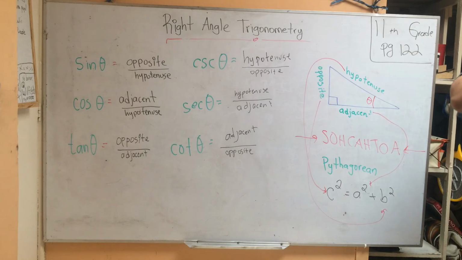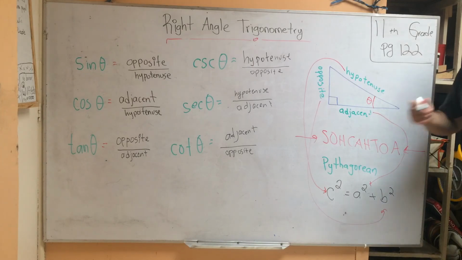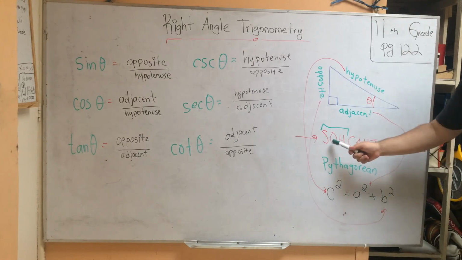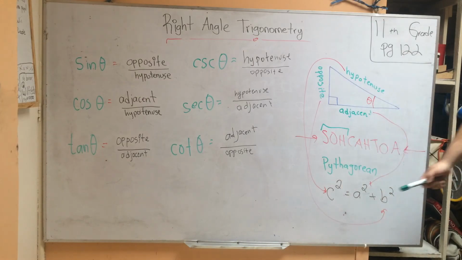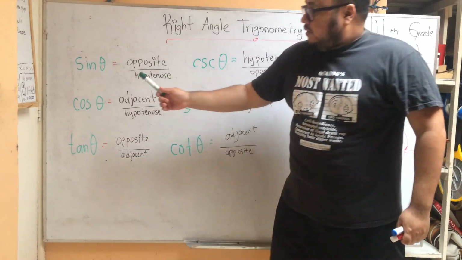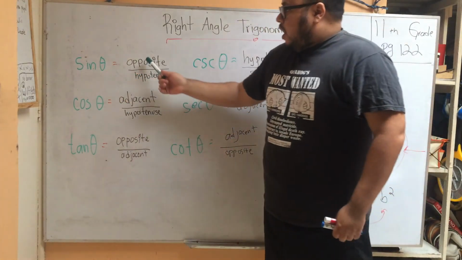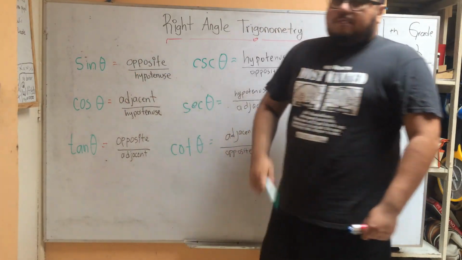SOHCAHTOA is going to help you remember what sides go with sine, cosine, and tangent. Let's see why. Look at the first three letters of SOHCAHTOA. It says SOH. It comes from sine: S, sine; O, opposite; H, hypotenuse.